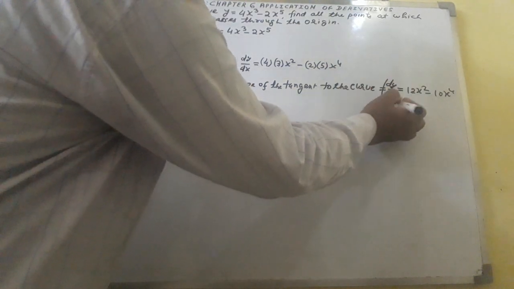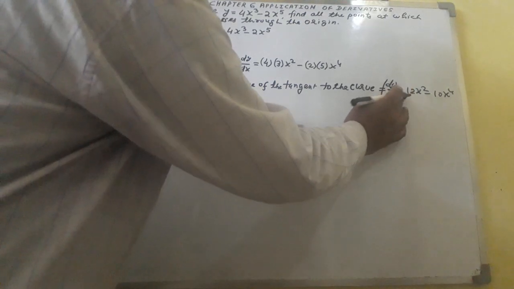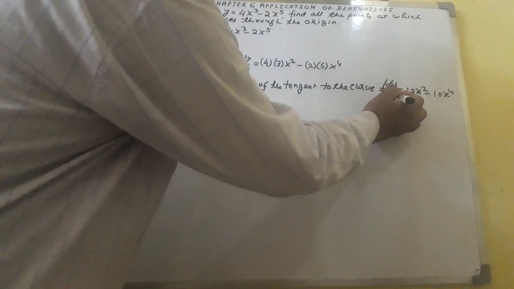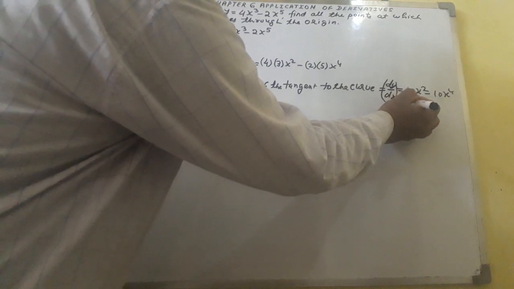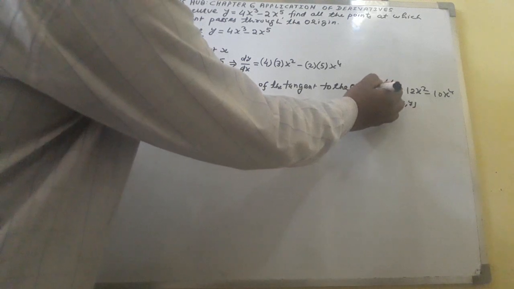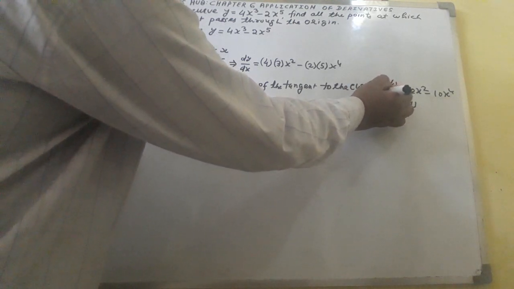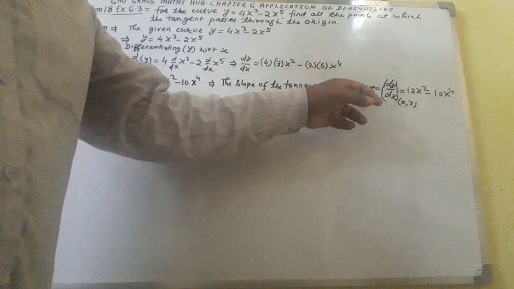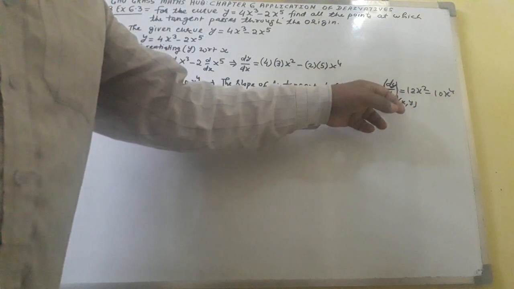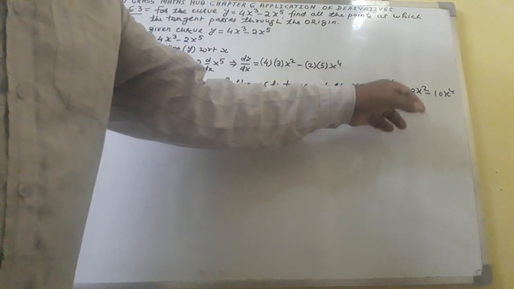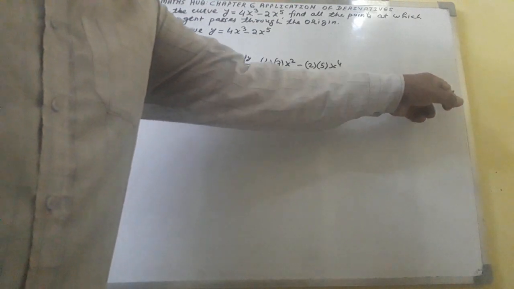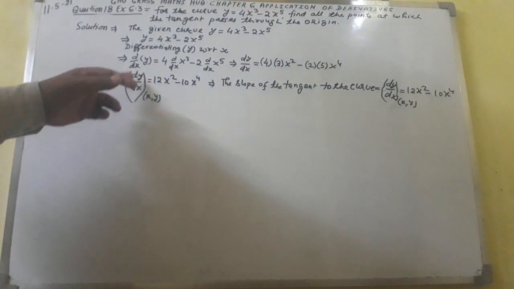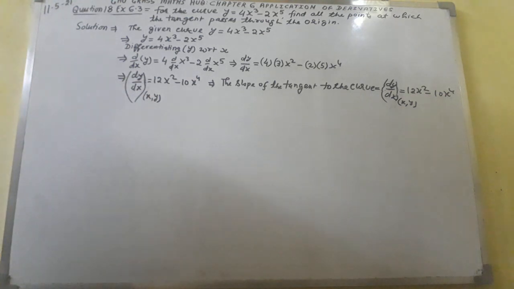Here dy over dx we have got at point (x, y): the slope of the tangent to the curve equal to dy over dx at point (x, y) equal to 12x square minus 10x raised to the power 4. We have got this one.